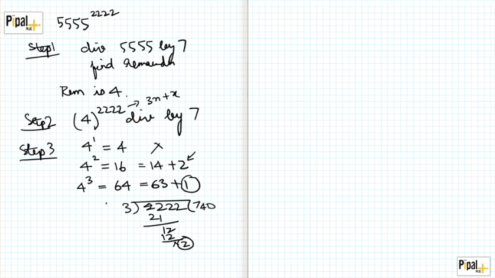So in the next step, 4 to the power 2222 is now simplified to 4 cube whole to the power something, multiplied by 4 square, right? So this is what it is. This is 4 to the power 2220 plus 2, right?